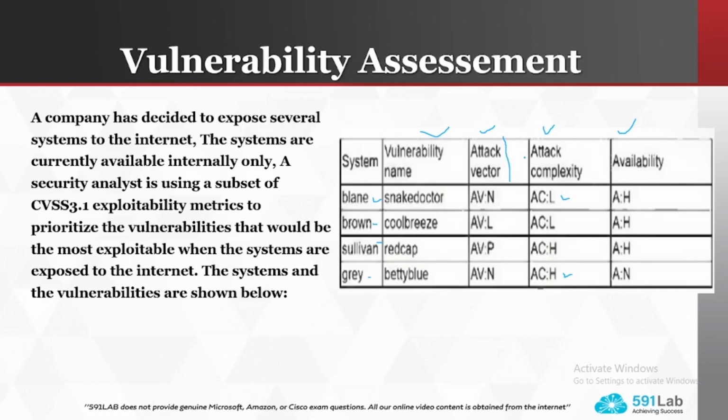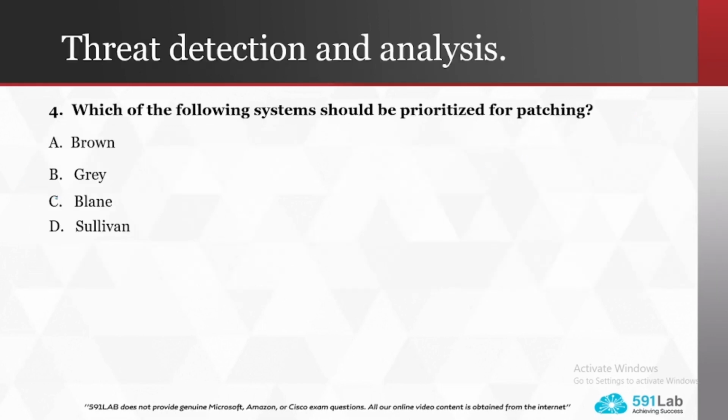So the correct answer should be Plain. Since Plain has the more accessible attack vector, network, it becomes the most critical system to patch first before exposing the systems to the internet.